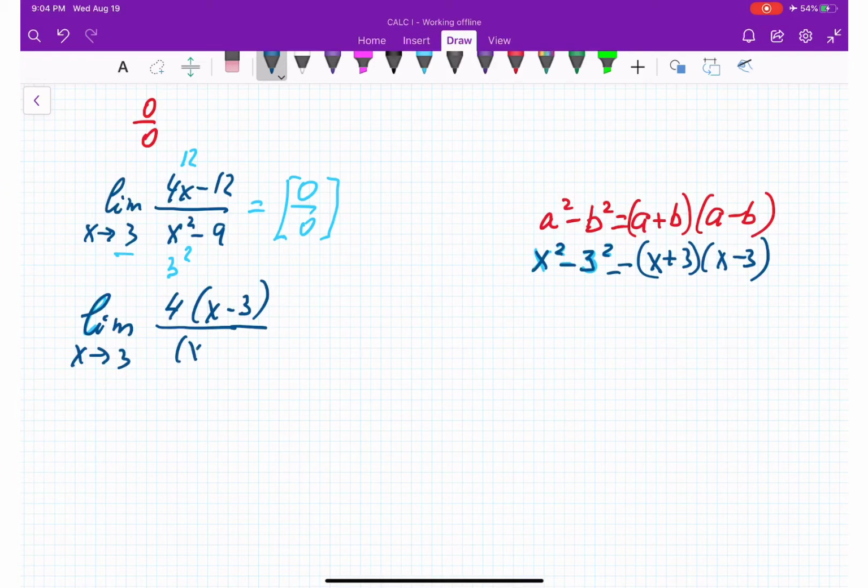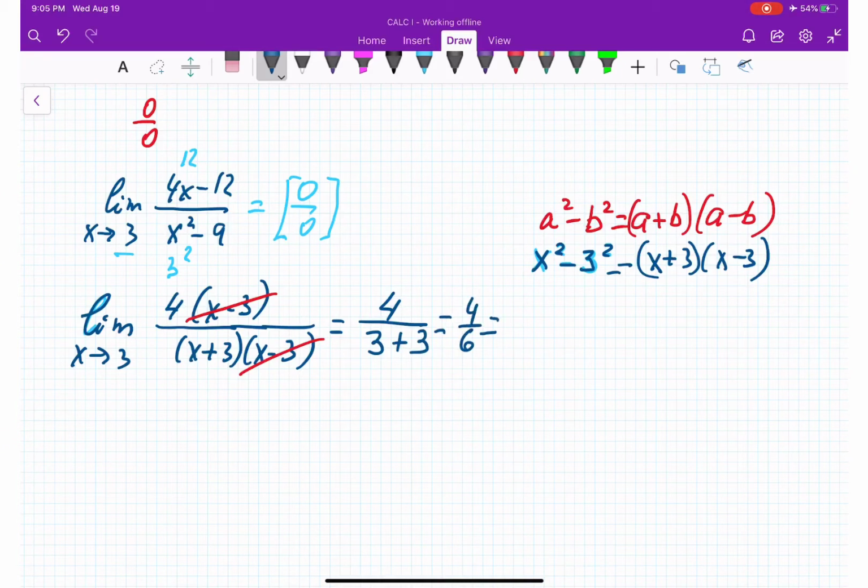So we write down x plus 3 times x minus 3. Okay, x minus 3 is canceling, and we get 4 over x plus 3, which means if we plug in 3, we will avoid 0, right? We won't have any 0 anymore. We will get 4 over 6, which is 2 over 3.